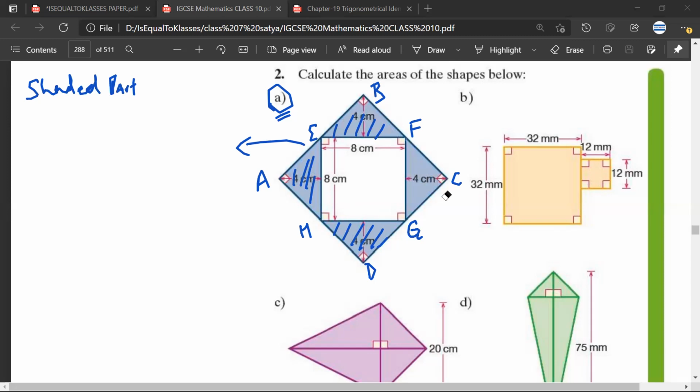So if I have to only find the area of the shaded part, Sarthak, can you find the area of the shaded part? That is the sum of the area of 4 triangles. Which triangle? This triangle, this triangle, this triangle, and this triangle. Have you understood? Yes, I understood.